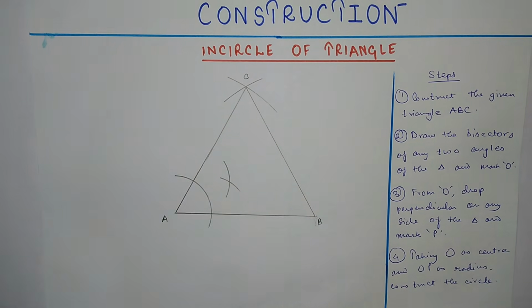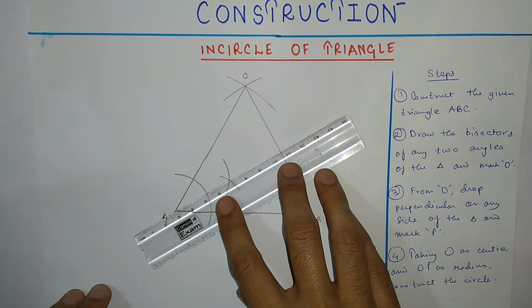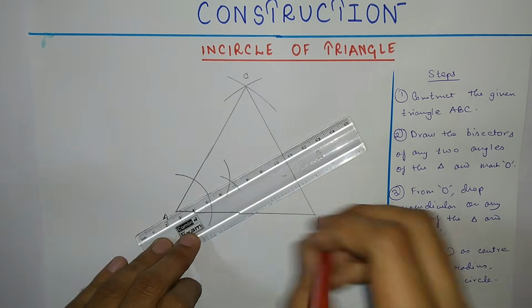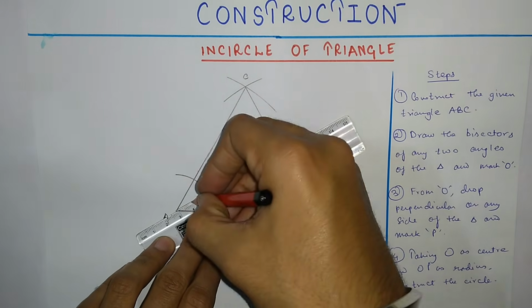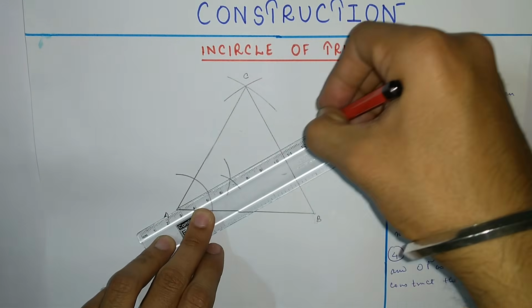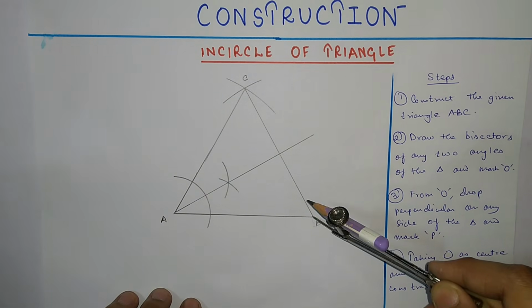Okay, so this was the first angle bisector of angle A. I'll join it now. We have joined it. Now similarly we will do this with B.